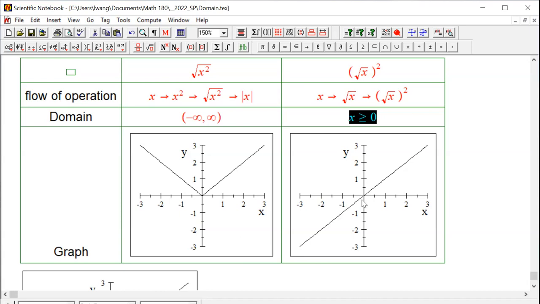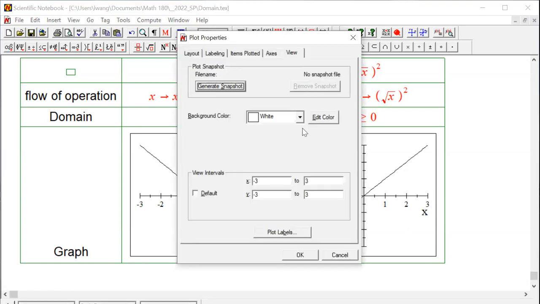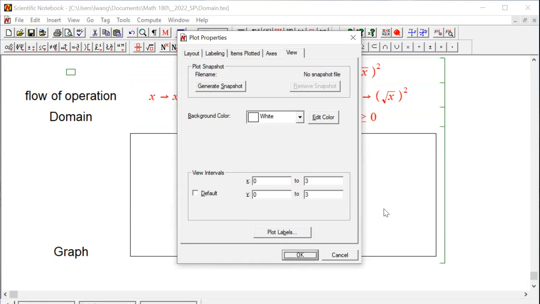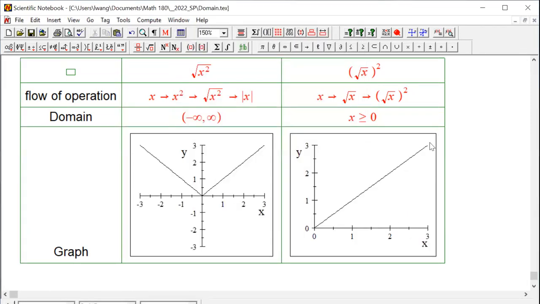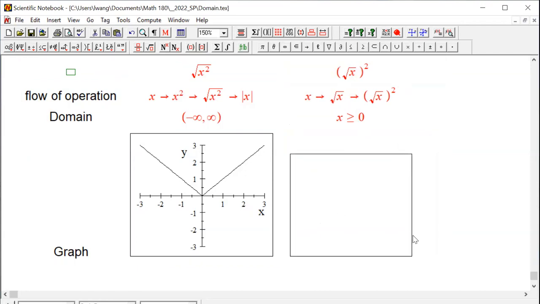It shouldn't have this piece because the negative number is not in the domain. So I'm going to manually correct it. This should be the graph.